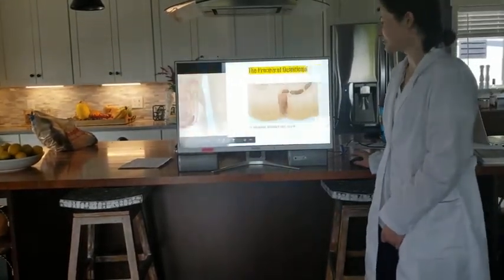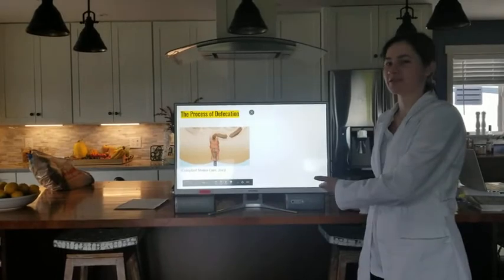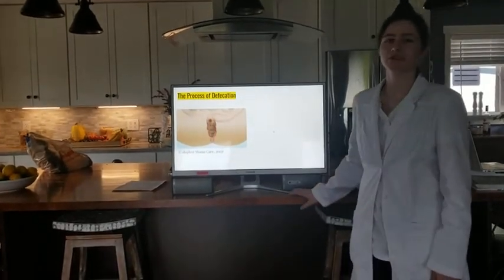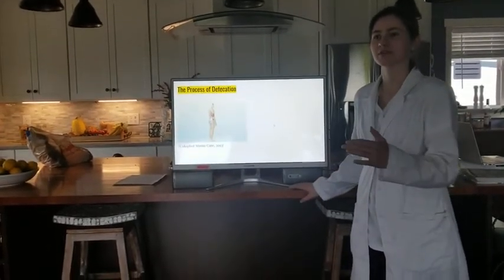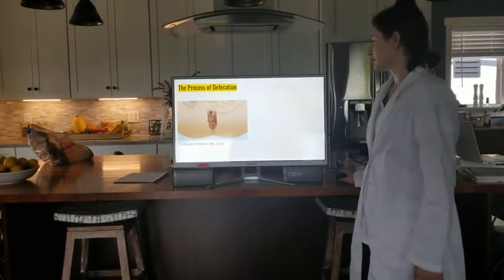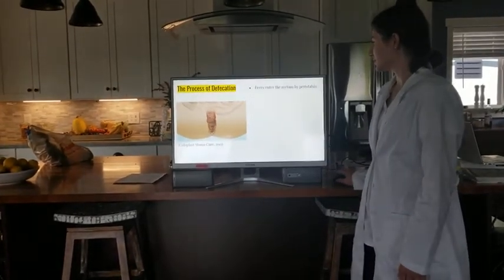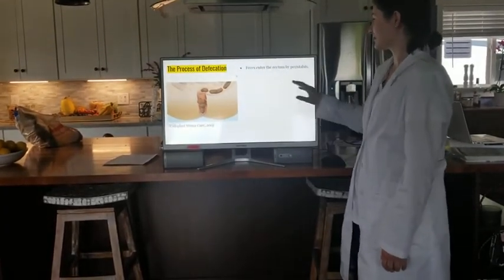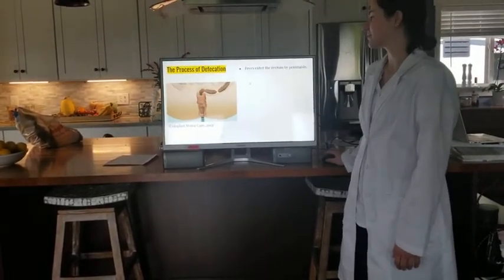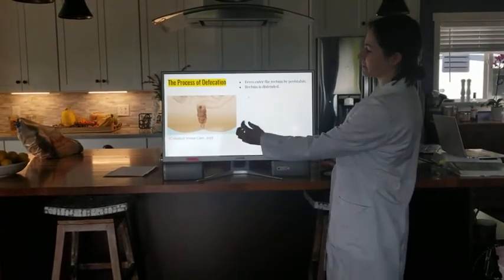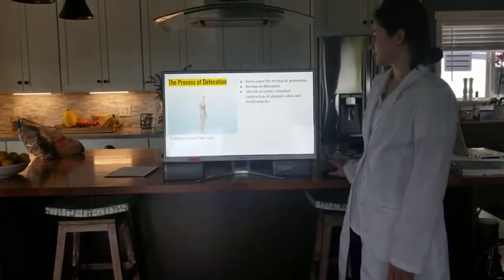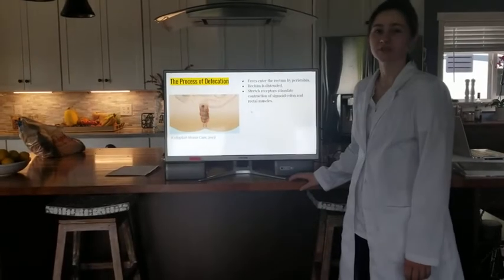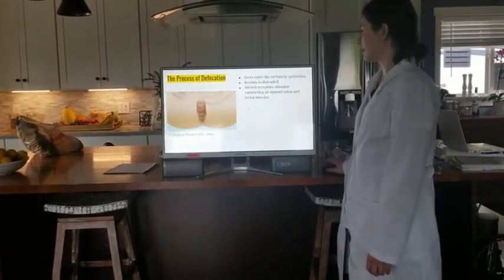Hi, my name is Victoria and I'll be talking about the process of defecation, which starts with the elimination of waste. It begins when the feces enters the rectum by peristalsis, and the rectum becomes distended. Stretch receptors stimulate the contraction of the sigmoid colon along with the rectal muscles.